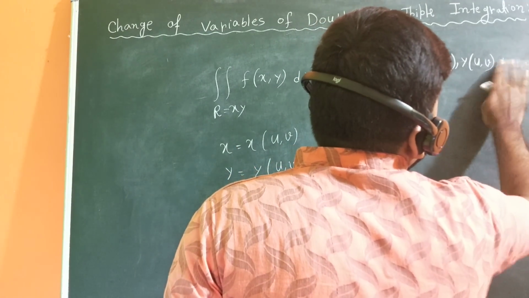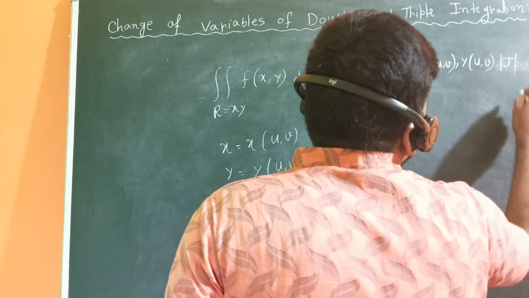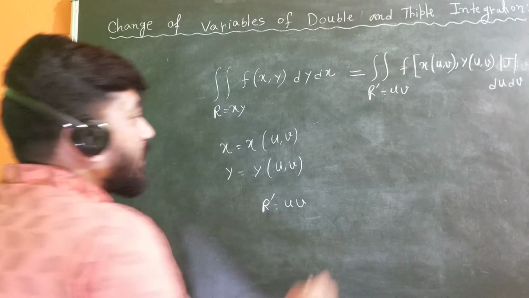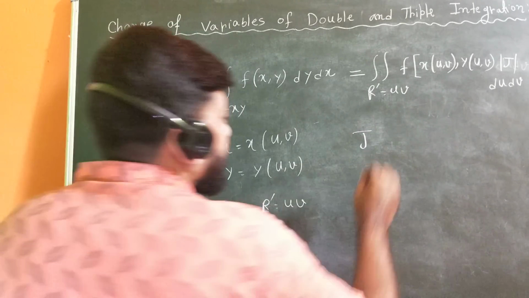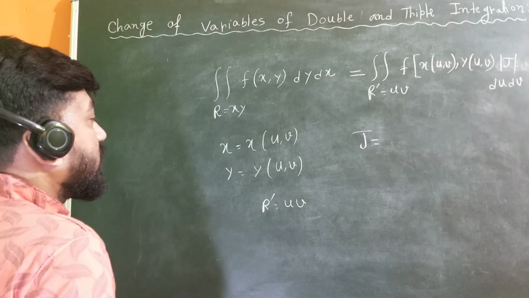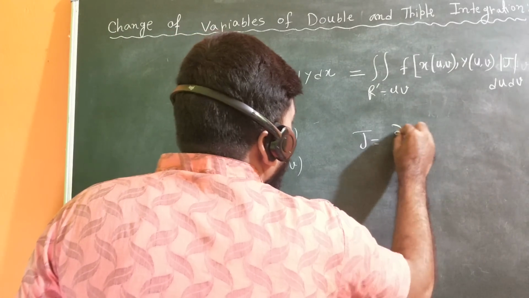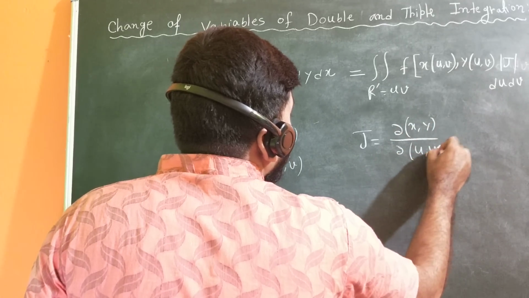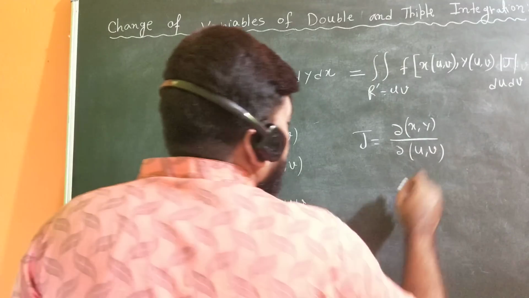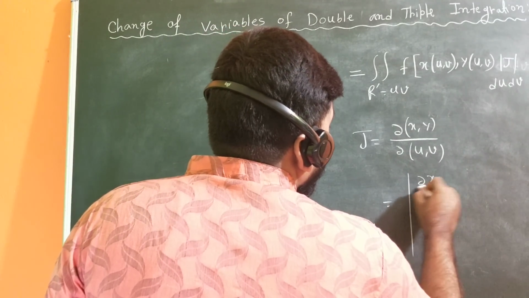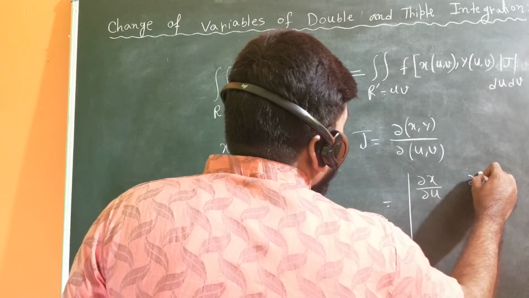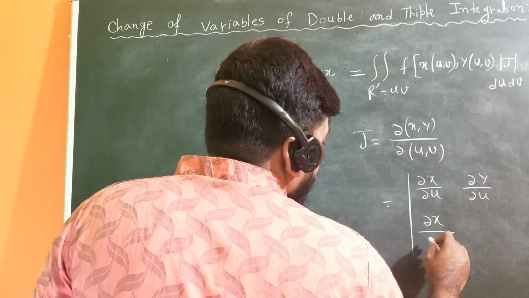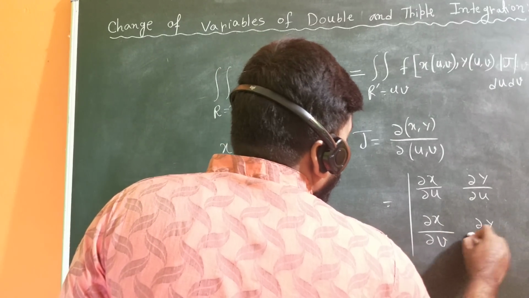So the mod of the Jacobian will be there, and then du dv. And what is the Jacobian? I have defined the Jacobian earlier. The Jacobian J is defined as del of x, y by del of u, v. It is defined by this determinant: del x del u and del y del u in the first row, and in the next row del x del v and del y del v.